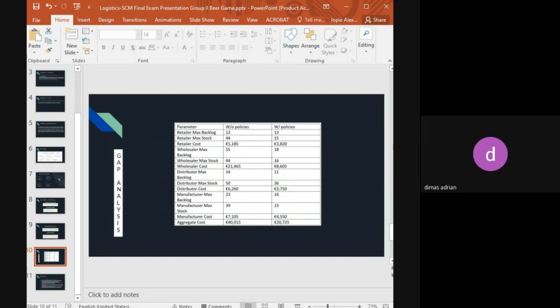Okay, so moving on to the analysis, the difference between the first session and the second session, the comparison. For the without policies, here we put several parameters, which are the retailer maximum backlog, retailer maximum cost, and so on and so forth, up to the aggregate cost.